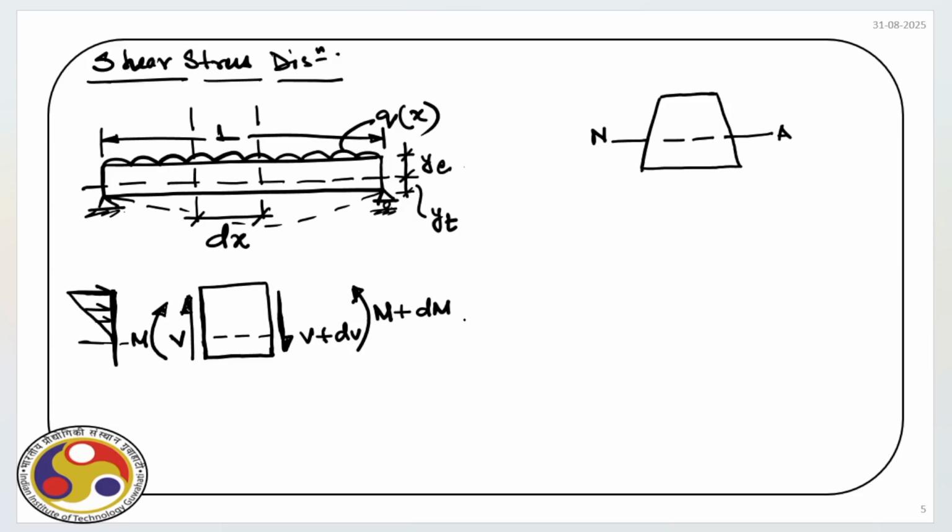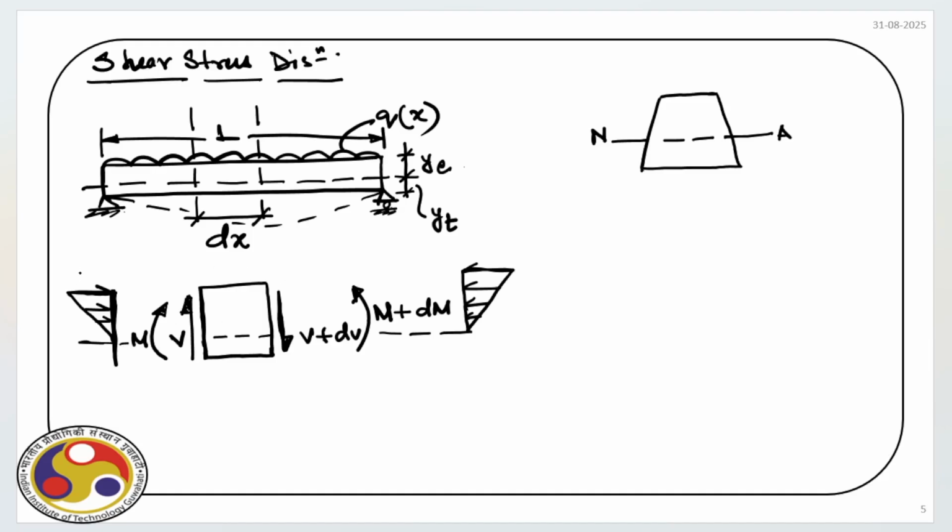Similarly, on the right face, if we draw the bending stress, we get a linear variation over the neutral axis. Now let us consider only the upper part of the neutral axis. We can also extend it to the lower part and complete the diagram, but for the time being we are not interested in the lower part.